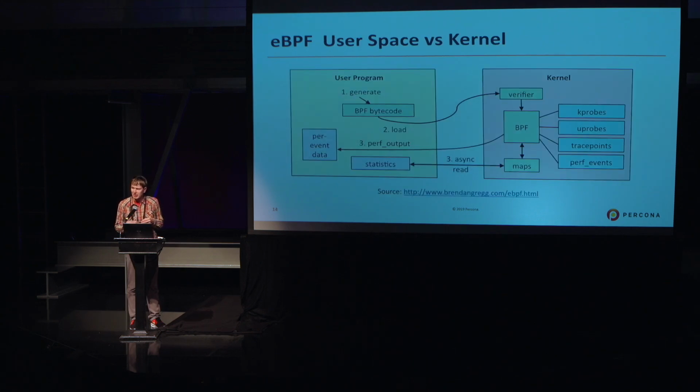If you look at the eBPF environment in Linux, here is the distribution between the kernel space and the user space. As with many other graphs, I took that from Brendan Gregg's blog. He has a fantastic blog with a lot of material, a lot of talks on eBPF. If you really want to go deep, please make sure to visit that.